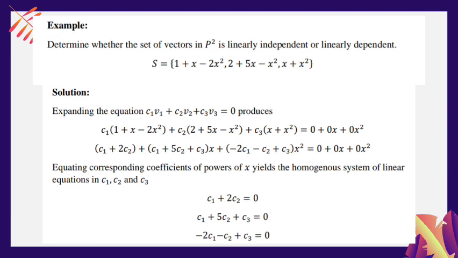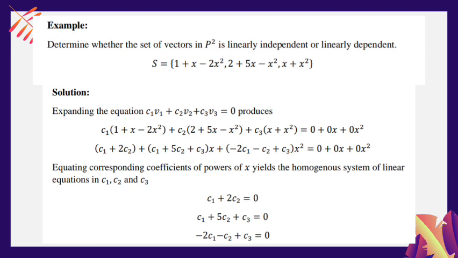And then distribute: (C sub 1 plus 2C sub 2) plus (C sub 1 plus 5C sub 2 plus C sub 3) times x plus (negative 2C sub 1 minus C sub 2 plus C sub 3) times x squared equal to 0 plus 0x plus 0x squared.